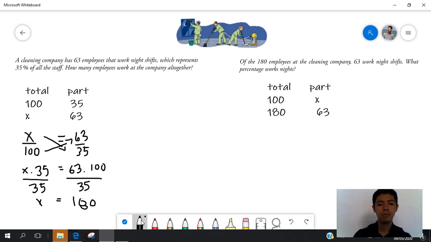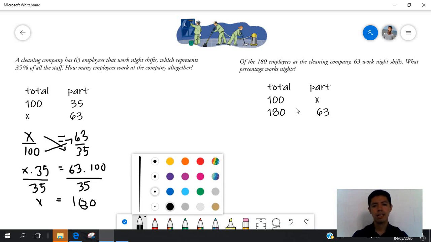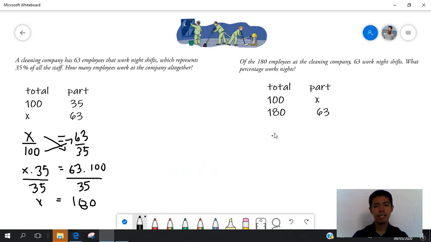Now I can use a proportion again. We will say that X is to 63 as 100 is to 180.